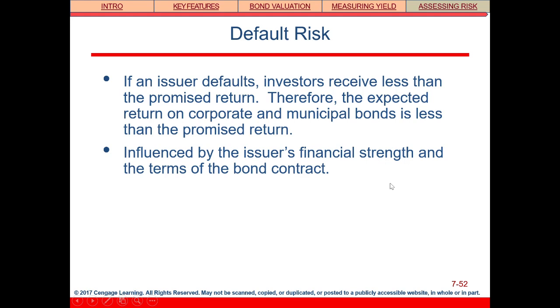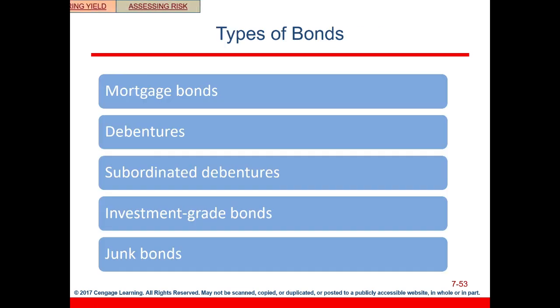The last part for this chapter is the default risk, or in other words, the credit risk. If an issuer defaults, investors receive less than the promised return. Therefore, the expected return on corporate and municipal bonds is less than the promised return. The default risk is influenced by the issuer's financial strength and the terms of the bond contract.